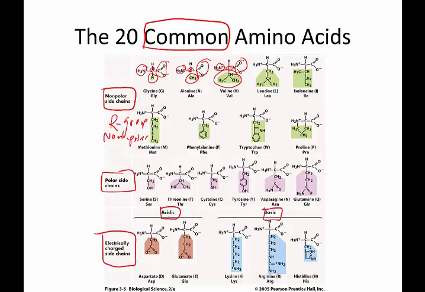In the next slide, I'll show you a little bit about what that means. But the main take-home message from this slide is that we have various different amino acids with various different properties. Specifically, nonpolar side chains, polar side chains, and electrically charged side chains, either acidic or basic.